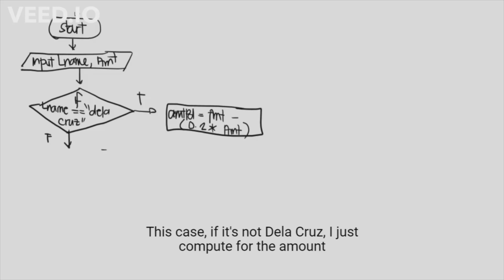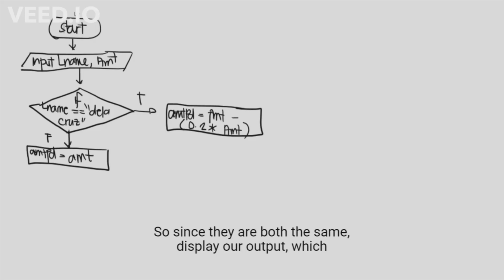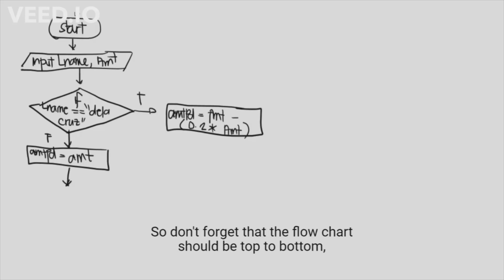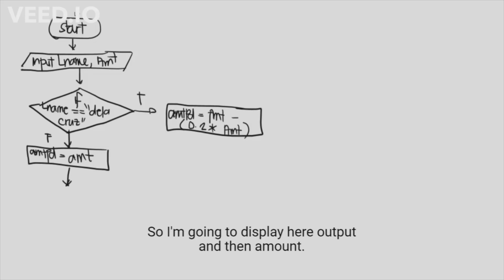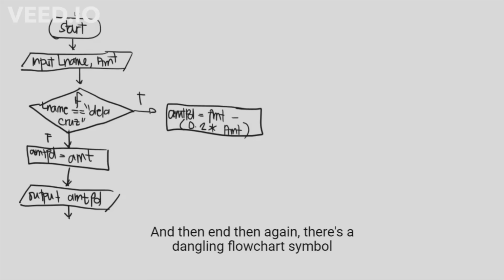In this case, if it's not De La Cruz, I just compute for the amount to be paid is equals to the amount. So since they have both the same display or output, which is amount to be paid, don't forget that the flowchart should be top to bottom, left to right. So I'm going to display here output and then amount paid.